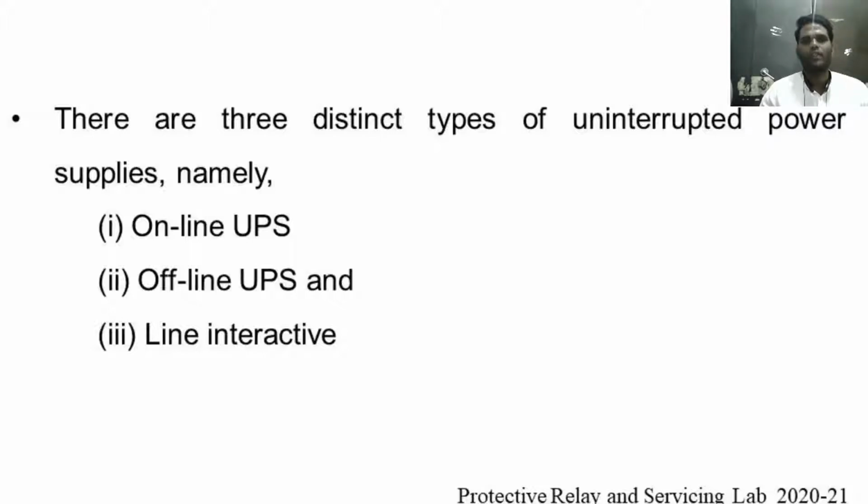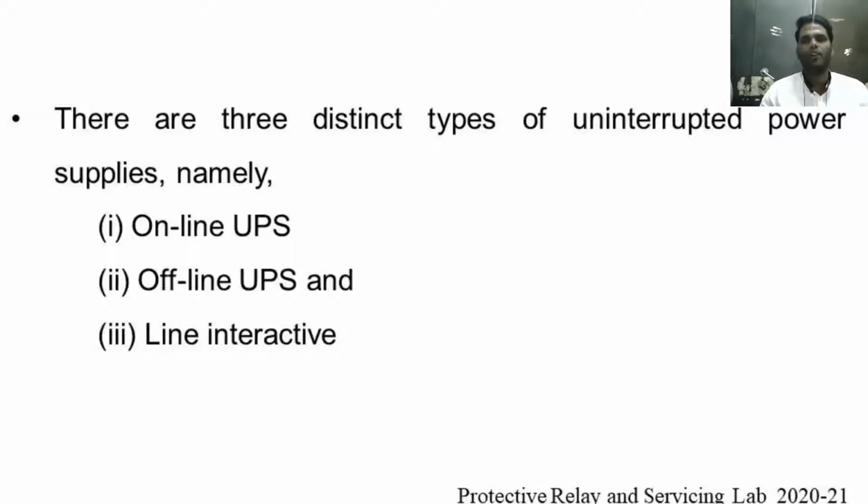Next, offline UPS is something where we are not continuously converting the power, like converting AC to DC and again DC to AC by means of an inverter and giving it to the load. What we do in offline UPS is that when the mains power is there, we give the power directly to the load without converting it from AC to DC and DC to AC, and at the same time we do the conversion by means of a rectifier and give it to my battery to store the power.